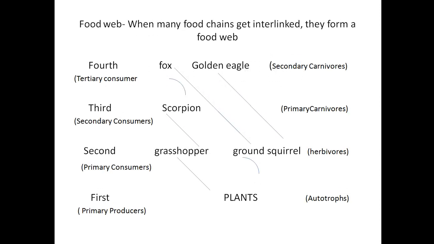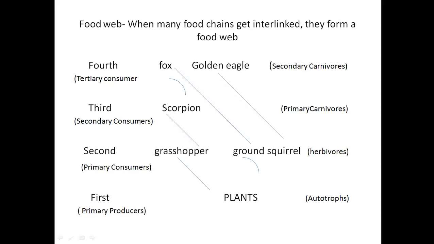Now, if you look at this diagram carefully, you can see that grasshoppers eat the plants, scorpions eat grasshoppers, and foxes eat scorpions. This is one food chain.